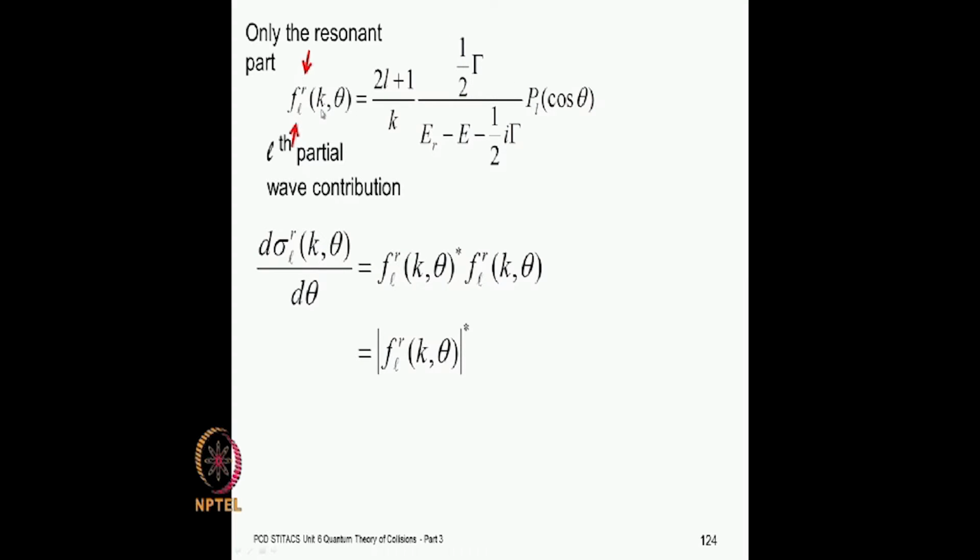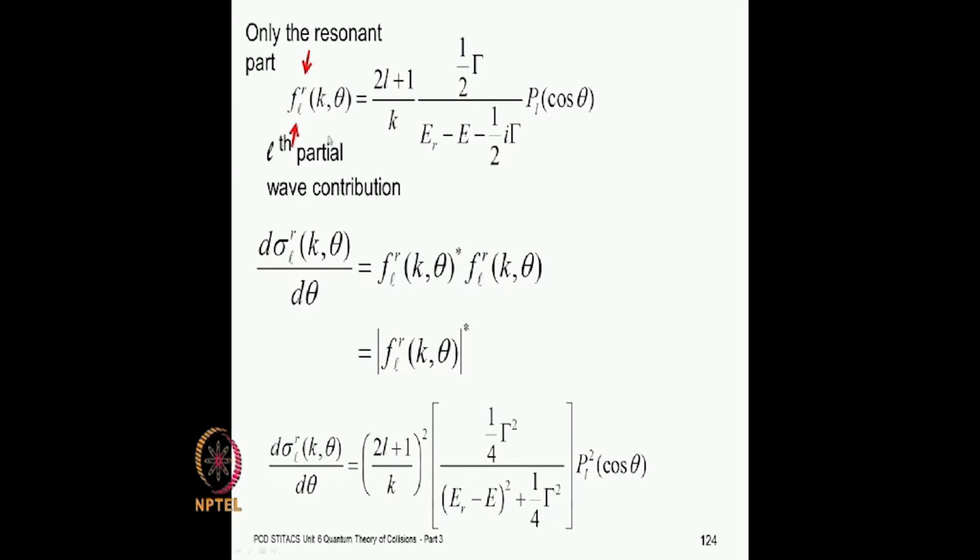So you take this factor, multiply it by its complex conjugate, and you get the differential cross section to be given by the square of this, 2l plus 1 over k whole square, times the modulus square of this complex number, which is 1/4 gamma square over ER minus E square plus gamma square over 4, and then you have this PL cos theta.